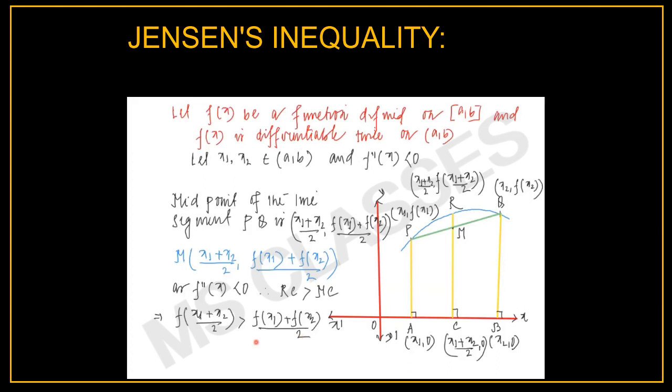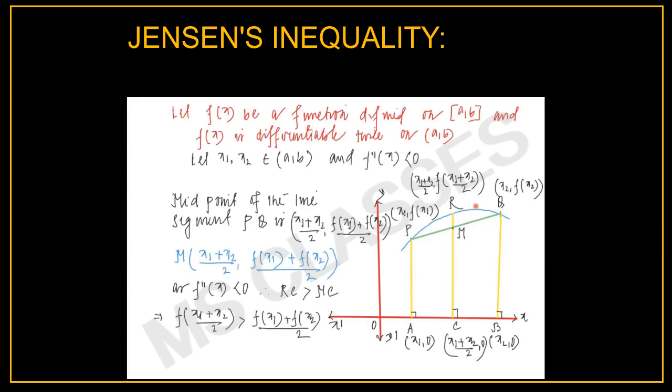This is true when we know that this is concave down. Now if the curve is a straight line, then obviously this will be the same. So RC equals MC when it is a straight line. If we get a straight line, then these two can be equal. So this is the condition when f double dash is less than 0.